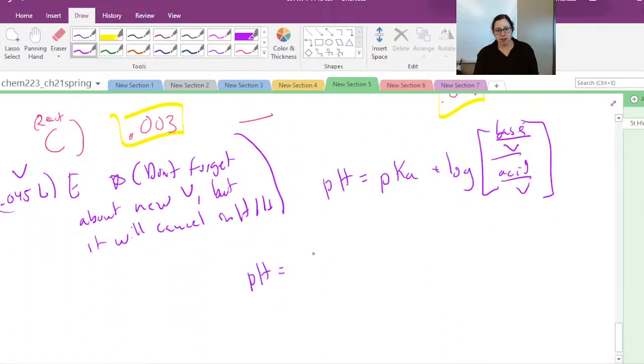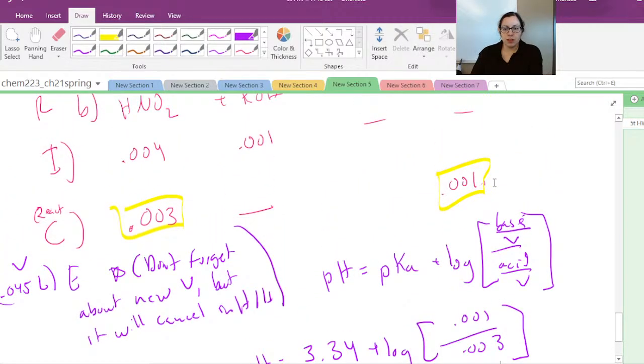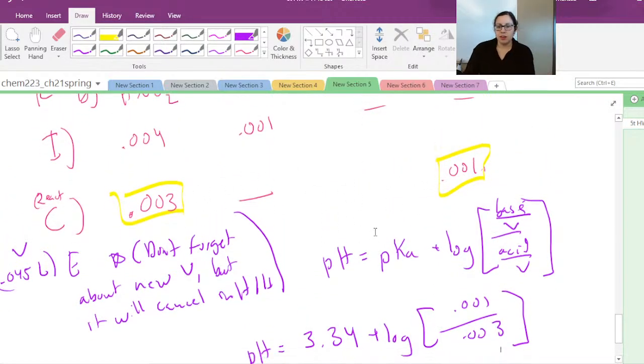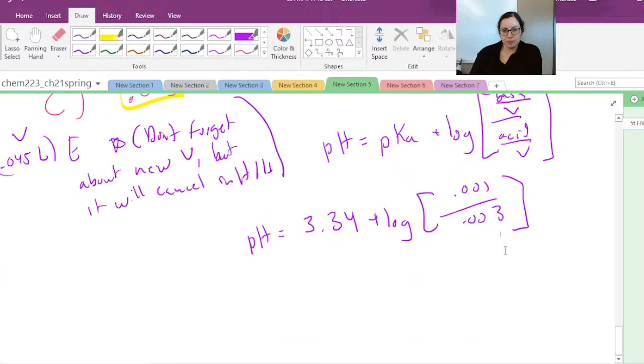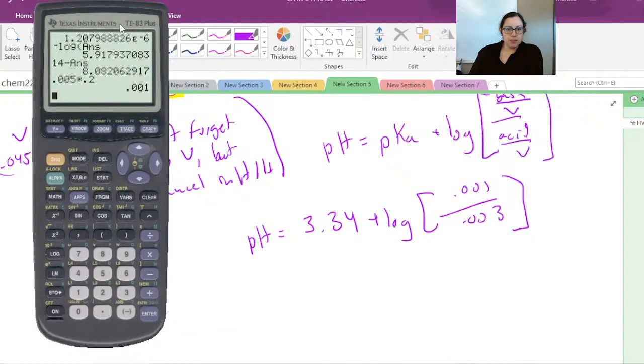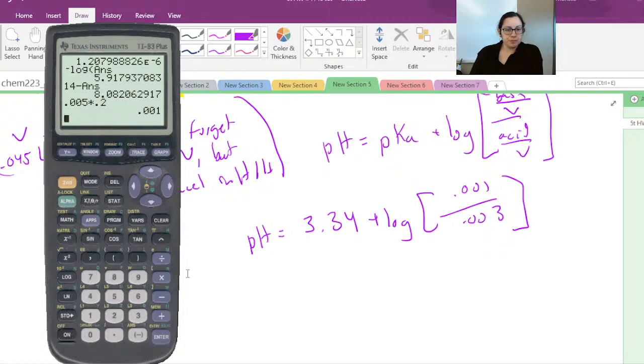So pH equals 3.34 plus log of base, which was 0.001, over our acid, 0.003. So again, just pulling those numbers. And you're kind of mentally dividing that, yes, my volume didn't matter. All right, so let's see what that gives us.